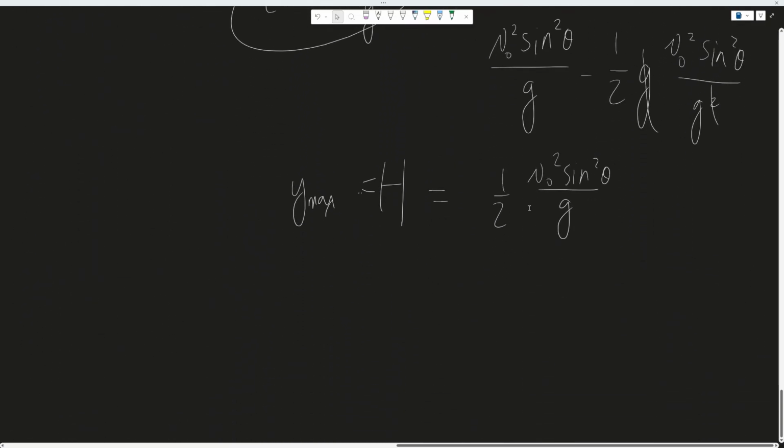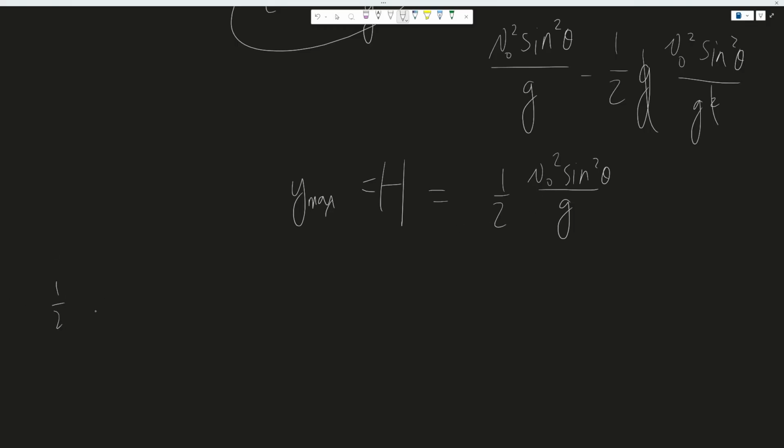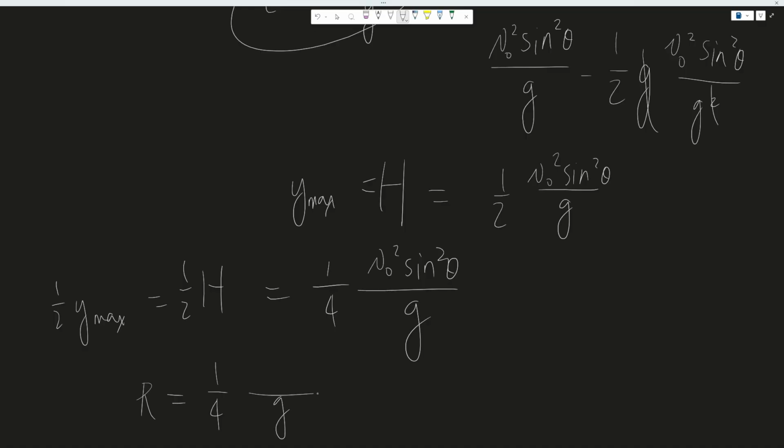So what is half the maximum height? It's just a quarter times V0 squared sine squared theta over g. That's half the maximum height, and that's basically R. So R equals a quarter V naught squared sine squared theta over g.